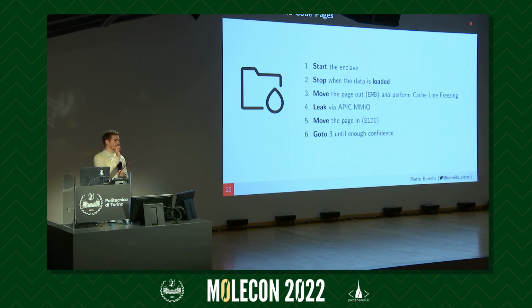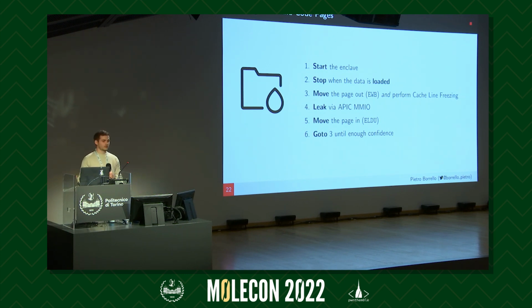We want the enclave to reach the point where we know the data is there and we can leak it. And then we just do the techniques that we saw before. We move the page out of the APIC so that the data will pass through the superqueue. And in a parallel hyperthread, we do cache line freezing so that the data gets frozen while it's passing, so that there we'll have our data.